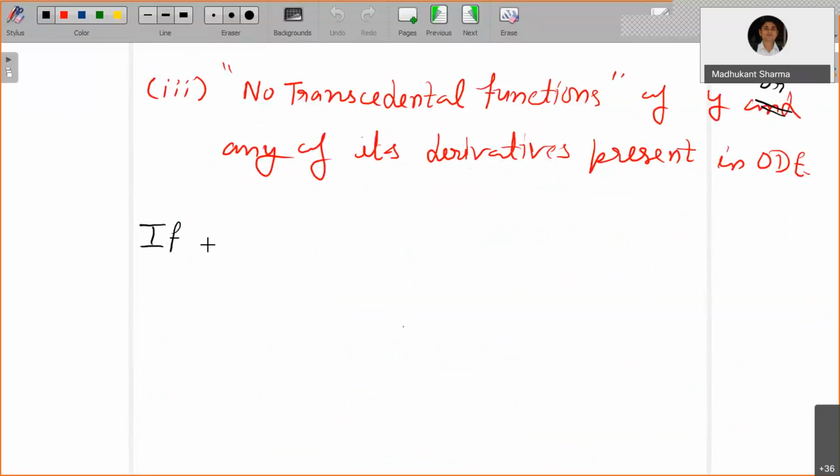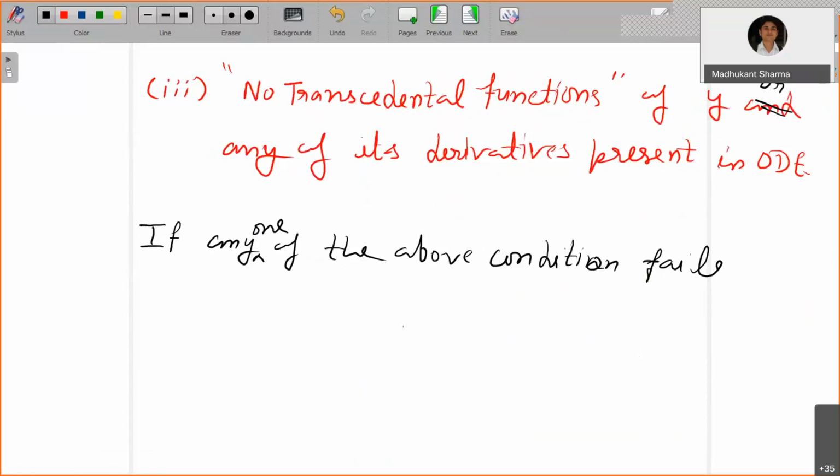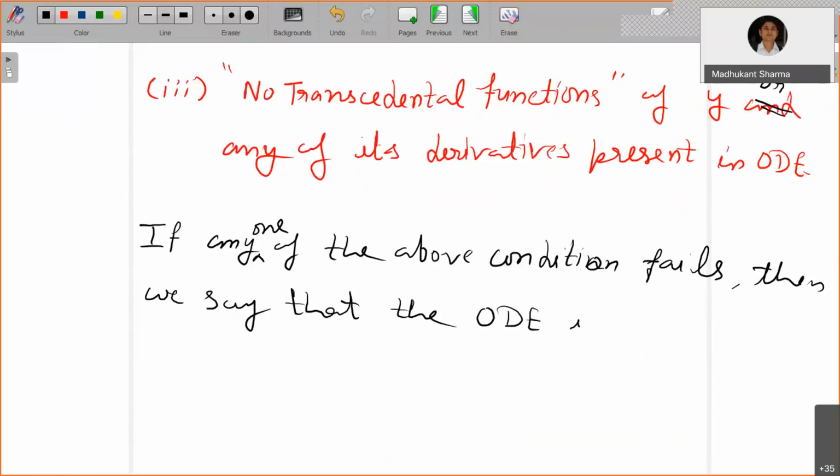So if any one of the above conditions fails, then we say that the ODE is non-linear. Okay, so we are completing here.